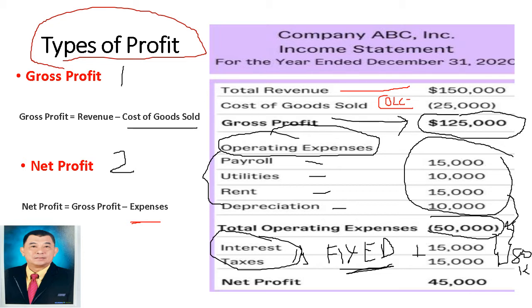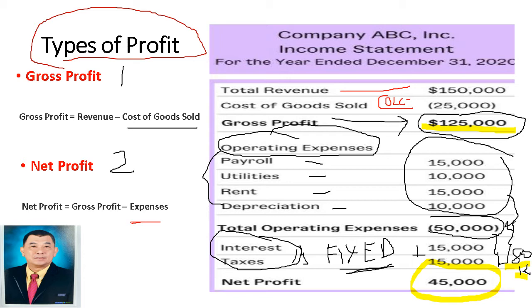So net profit is gross profit minus this. The gross profit of 125 less 80,000 gives you your net profit of 45,000.